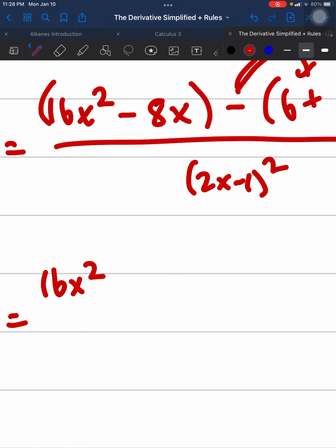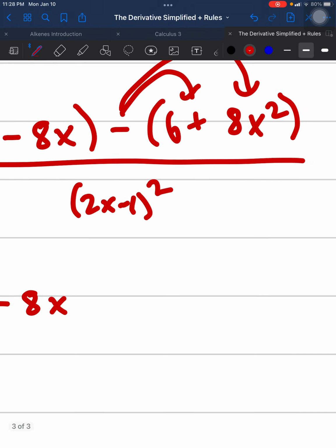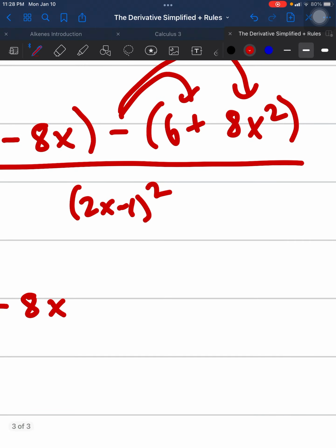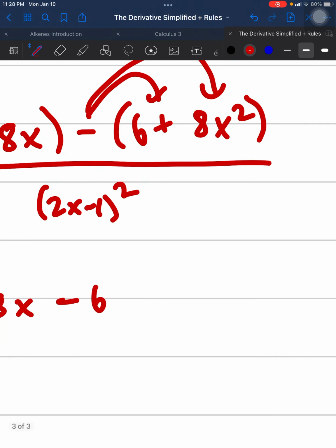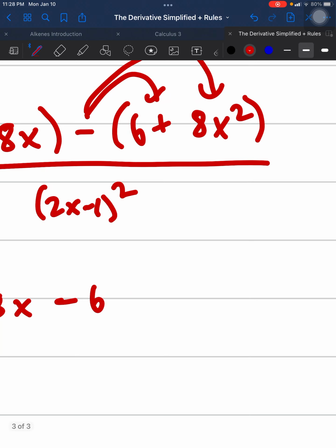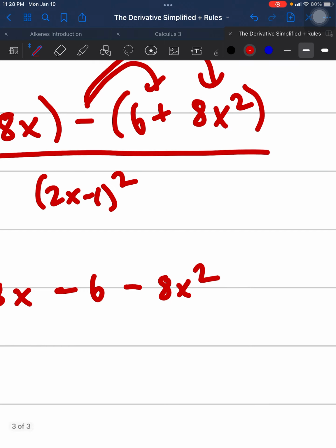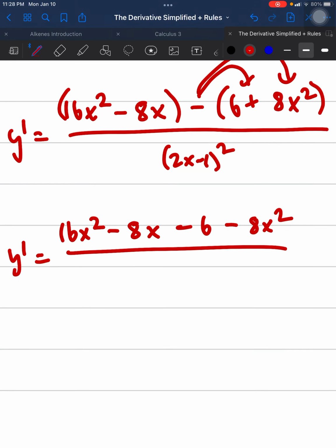So we get 16x squared minus 8x, and we distribute that negative sign. -1 times 6 is just -6. And then -1 times positive 8x squared is going to be -8x squared, over what we already had.